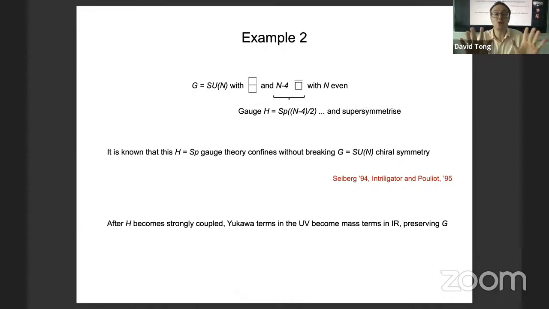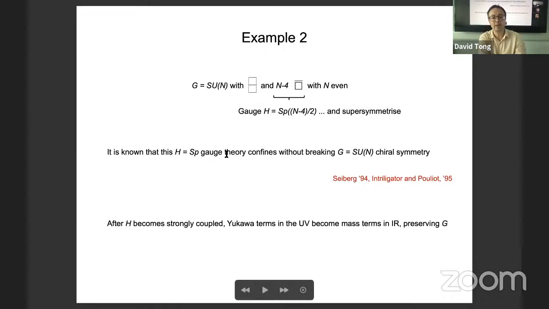All right, if you just gauge it and do nothing else, it turns out that it spontaneously breaks G. However, if you gauge it and add a bunch of extra fields, where the extra fields are scalars plus a gaugino for H, so an adjoint fermion transforming under H, it turns out you can just tune the parameters so that the theory has supersymmetry.